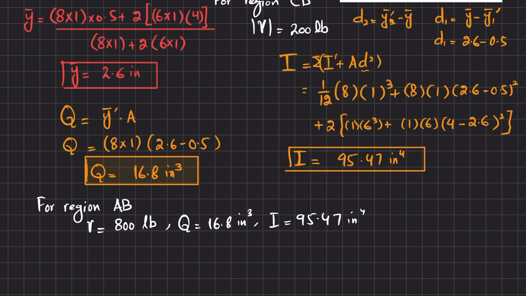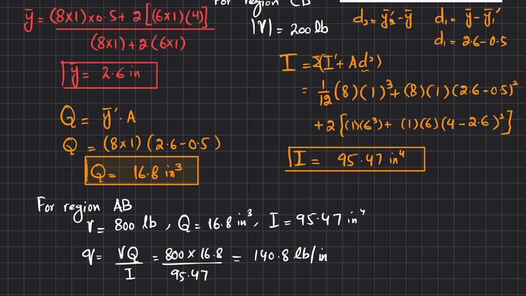So we know that shear flow q is equal to V into Q divided by I. So put the value 800 into 16.8 divided by 95.47. It will give you 140.8 pounds per inch. This is shear flow.